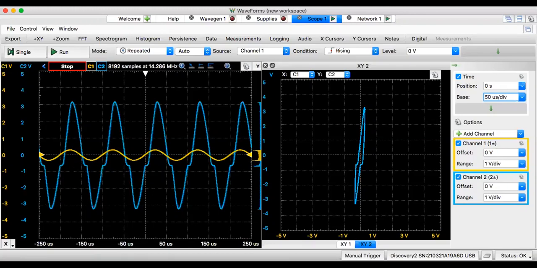Well, this distortion mostly happens on the negative side. That is actually designed that way. This op-amp generally only works for a single power source. That means 0 to positive 5, 0 to positive 5.